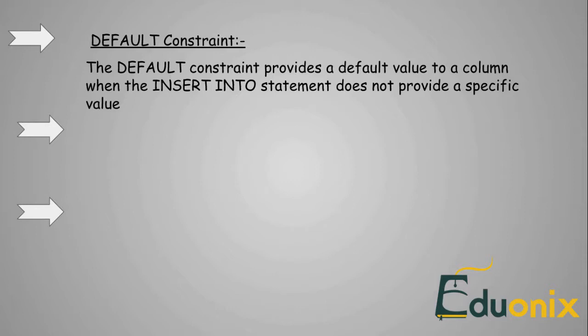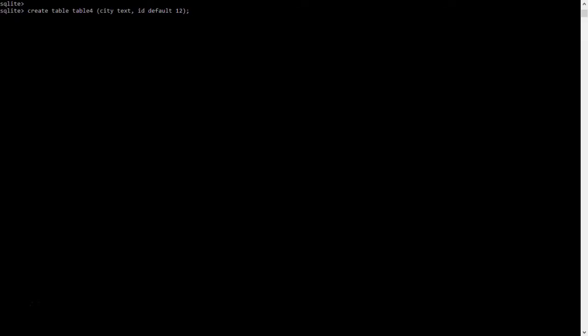So let us see one example based on the default constraint. In the create table statement, for example, create table, table4, there are two columns, city and ID. City is a text type of data, ID is numeric, and if you have to set a default value, you have to write the keyword default and then the value against it. So as soon as you hit enter, you'll be able to see that. We are making a few changes here.